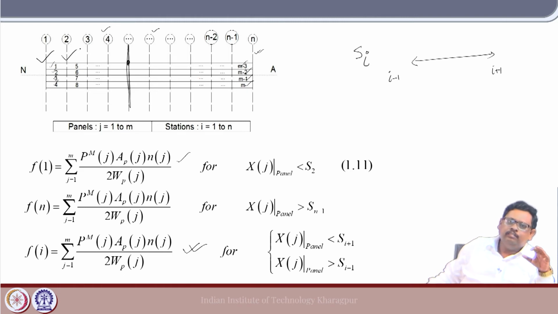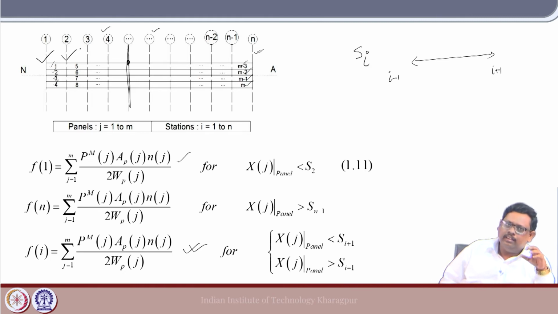Very frankly, the pressure is a continuously varying function, right. So, this may be an approximation, but it is justified because I am assuming that the variation of the pressure is also not very radical.